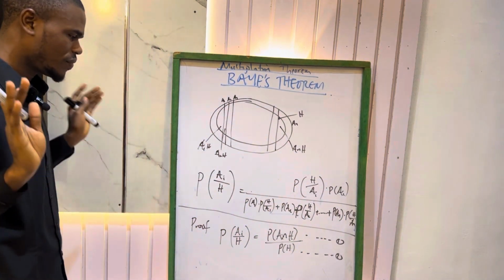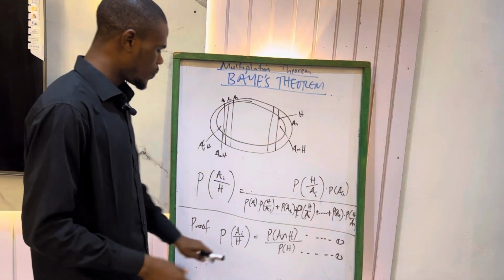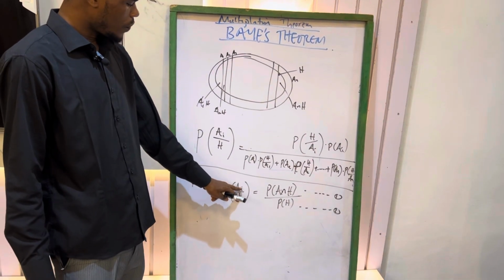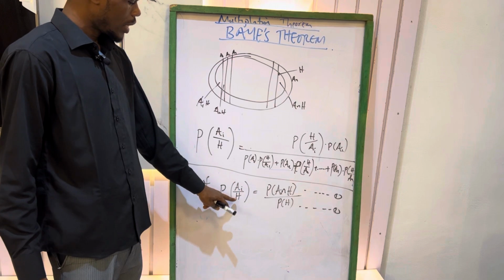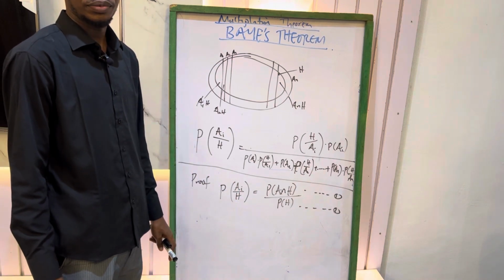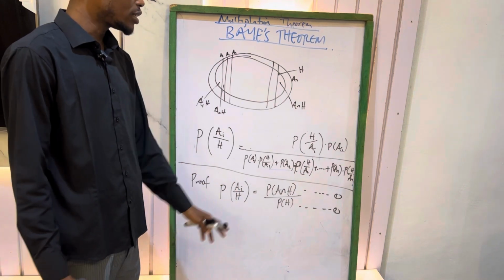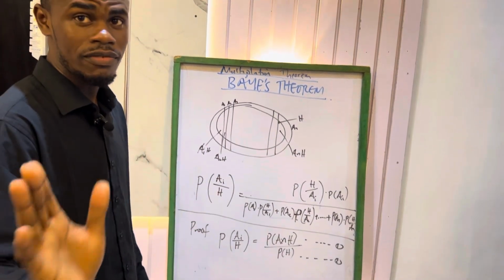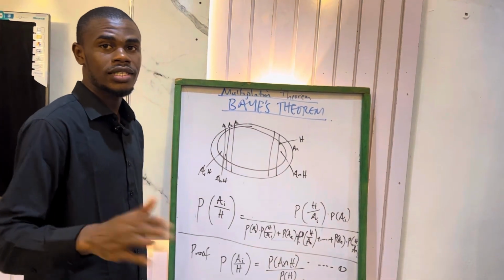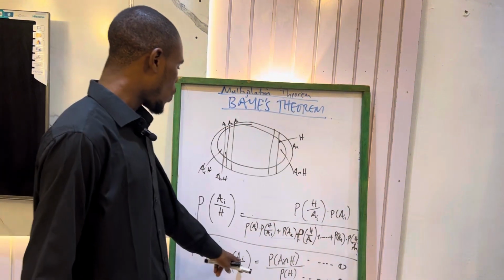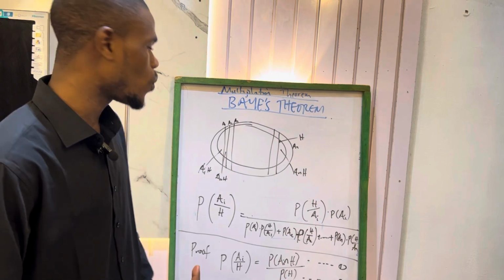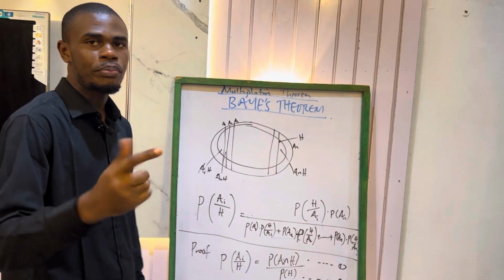Very simple. So for this one, this is the probability of Ai depending on H. What is H? We'll get to know H, but H itself is the sum of mutually exclusive events. That's what H signifies. Why this Ai? Ai is the original probability we are looking for. The original probability, they call it the priori.